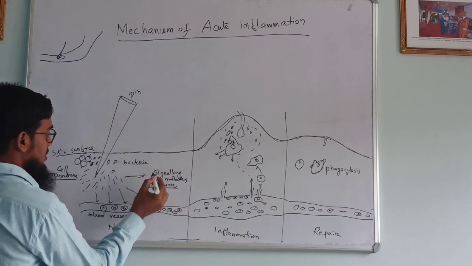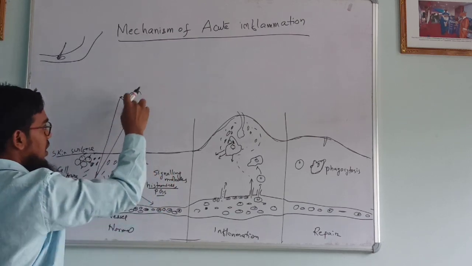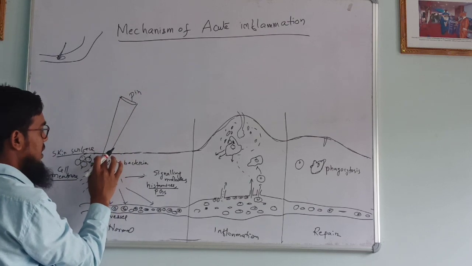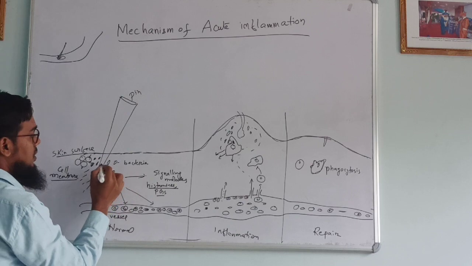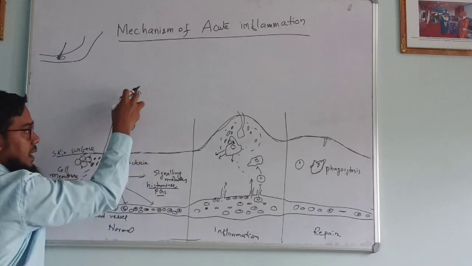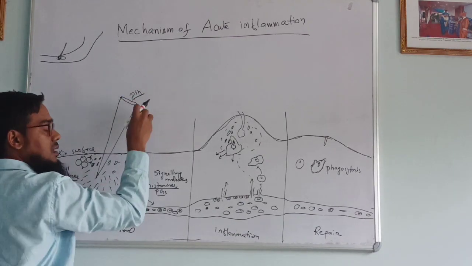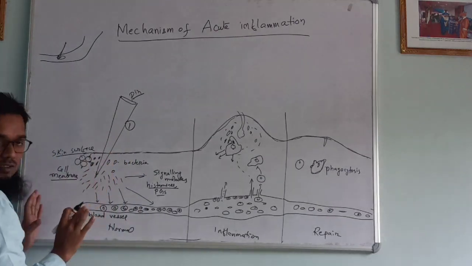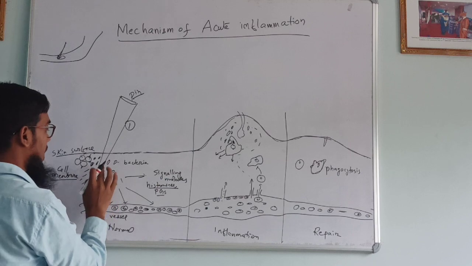What happened? First step, a pin or anything causes an injury or infection to a particular region, on the surface of a body part.